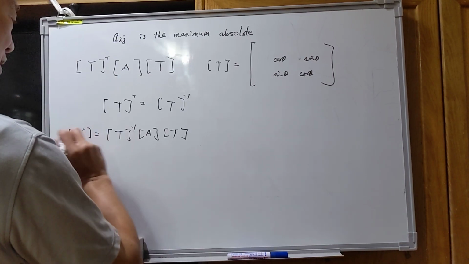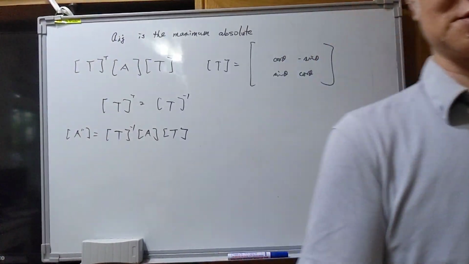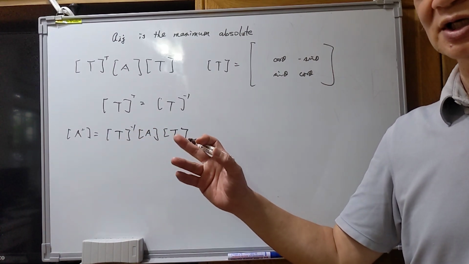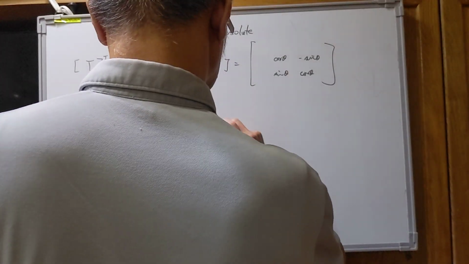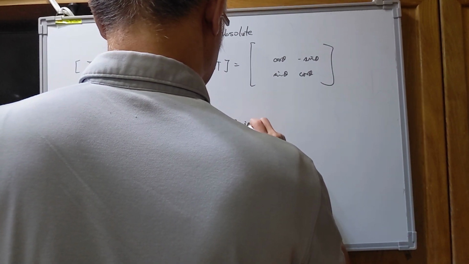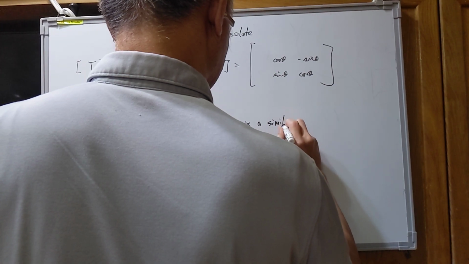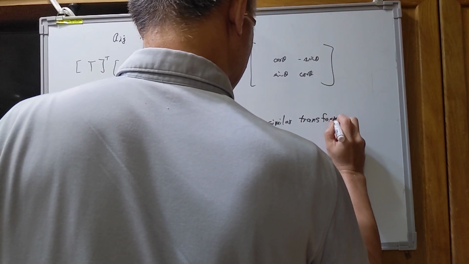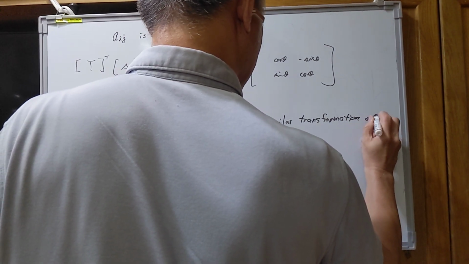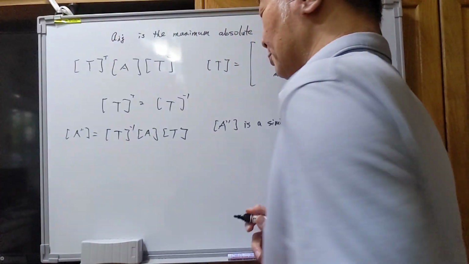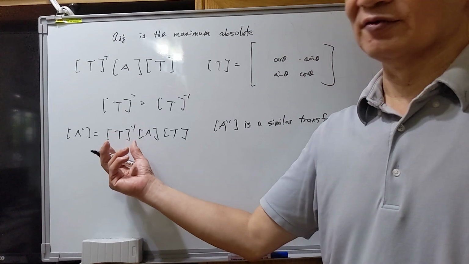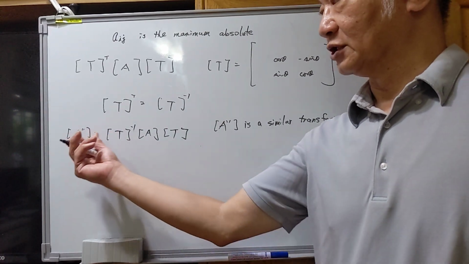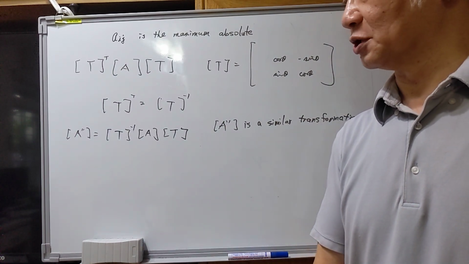Let's say that's the A double prime matrix, which is called a similar transformation of the A. If we pre-multiply by the T inverse and post-multiply by the T, we can get a new matrix, which is also called the similar transformation of the old matrix.